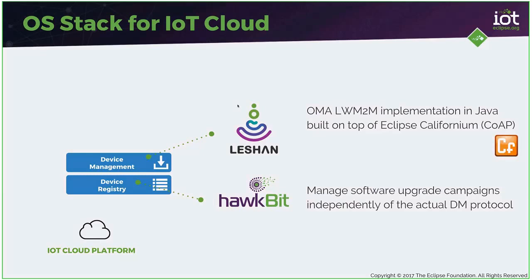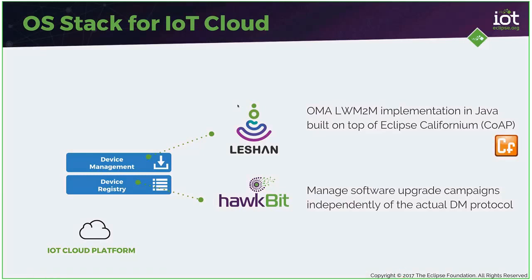I want something like Hawkbit to describe a software upgrade campaign in the form of, okay, let's try and update the million cars over the course of the following 30 days, right?